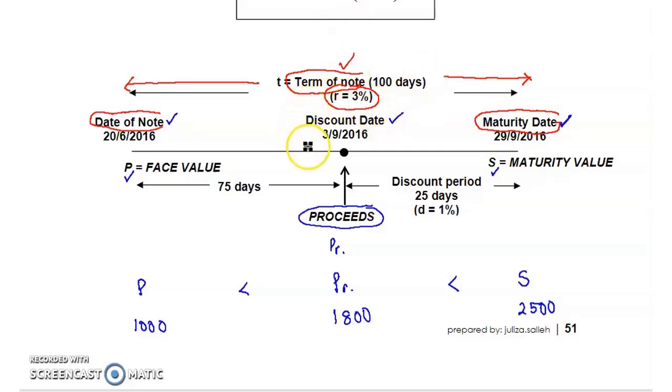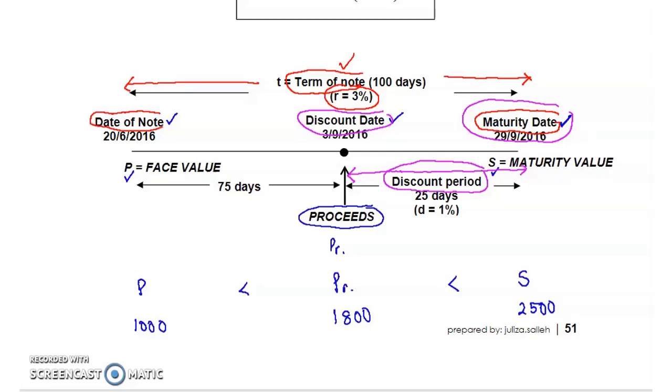Now look at 3rd September here. When you sell the note, you discount the note. From the discount date to the maturity date, this time period we call the discount period.